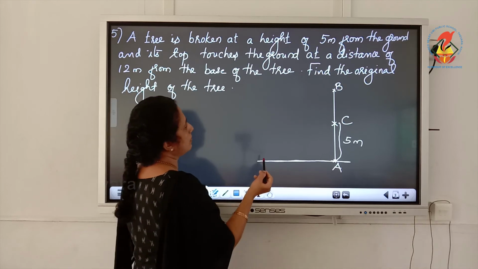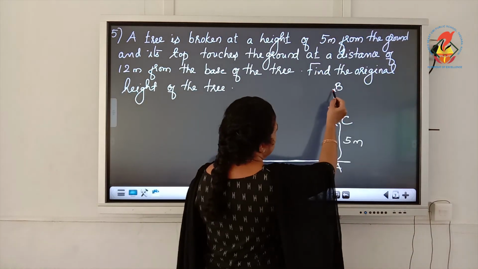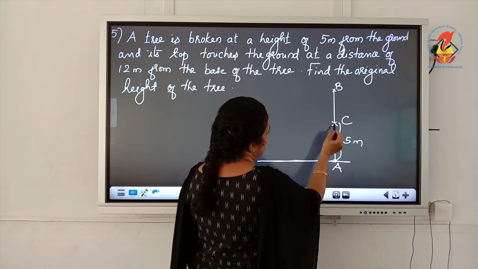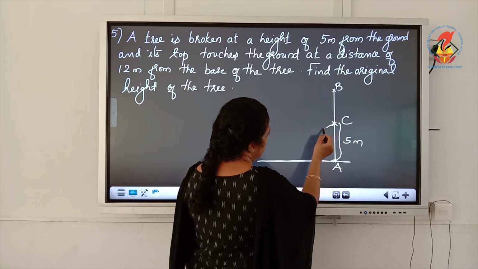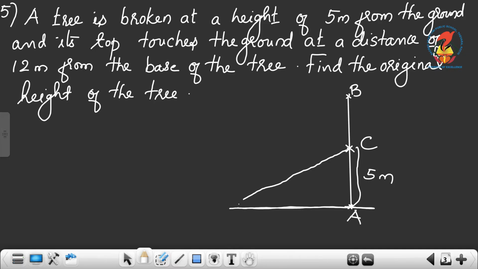from the base of the tree. So, the top of the tree touches the ground.